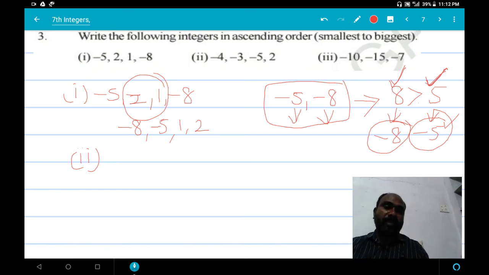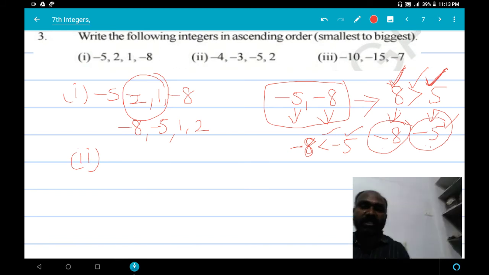When we add signs on both sides, minus 8 is less than minus 5. So the greater number is minus 5, and minus 8 is the least number. So confirm this.